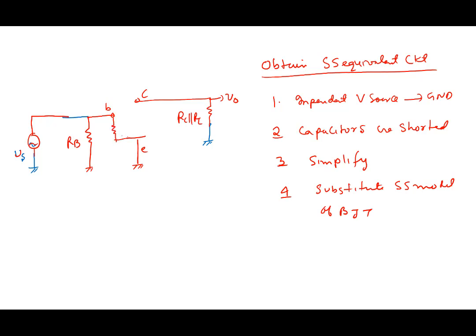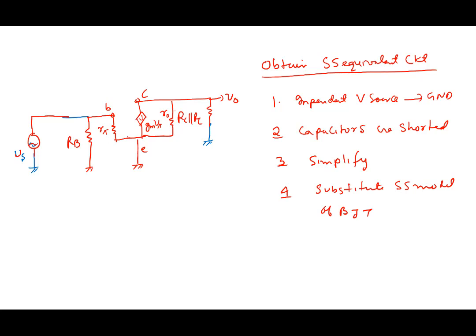The model was R pi here, and gm V pi, and there was R0 here. Right? We have R0 here also.